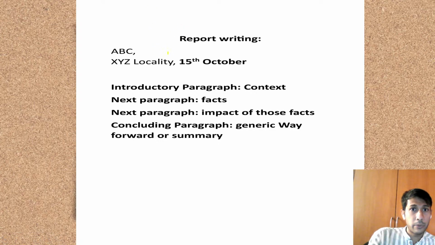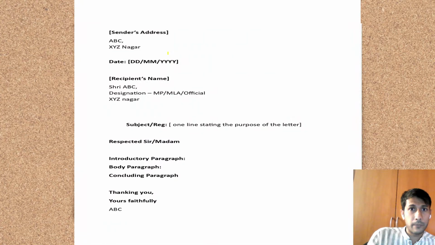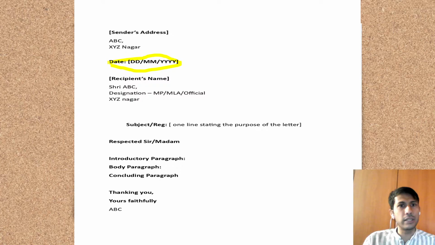The next important thing here is the date. Ensure that you write the date in this format only: date, month, year. You can write the exam date, 26 11 2024. You can mention it with a colon, or write it directly.